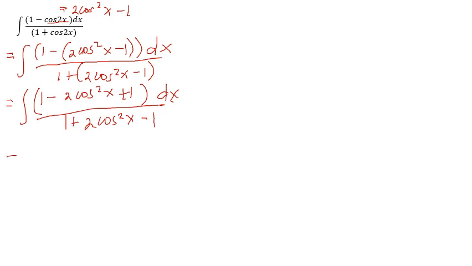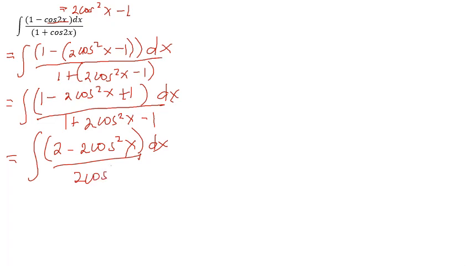So if I will add the similar terms, I will get 1 plus 1 for my numerator. This is equal to 2. So I have 2 minus 2 cosine squared x quantity dx all over 1 minus 1, that's 0. So I'll just have 2 cosine squared x.